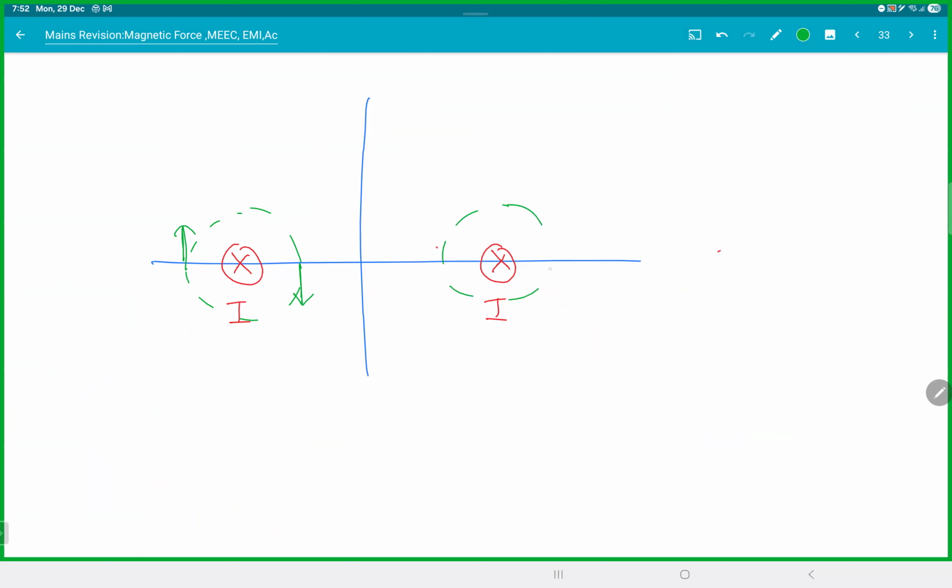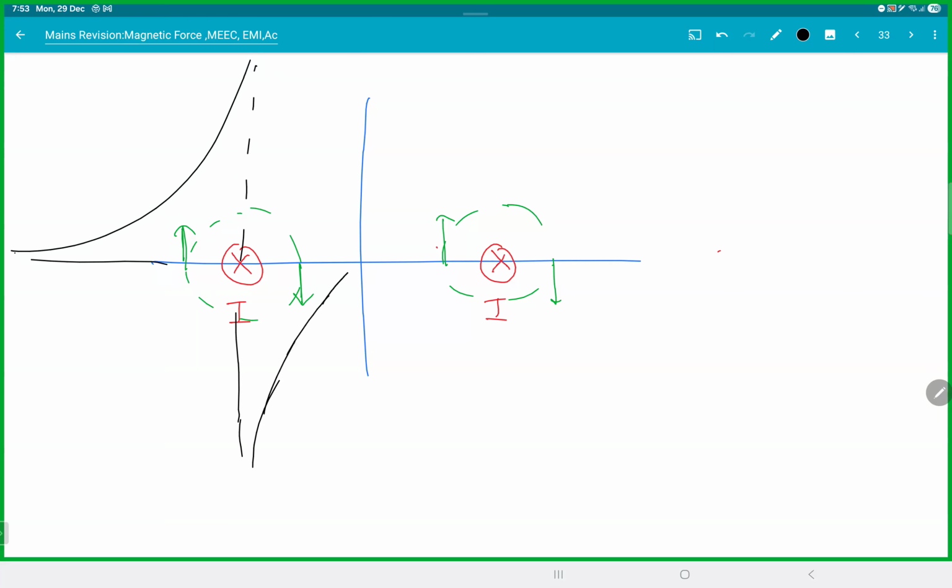The same thing here, this is down and this is up. So when you draw the magnetic field, here it is positive. As you get closer to the wire, it blows off to infinity. Once you cross the wire, the field is downward, but you're very close to the wire, so you're still at infinity. And you get a null point here. And then you blow off to infinity again, and then 0 here. Clear with this graph?